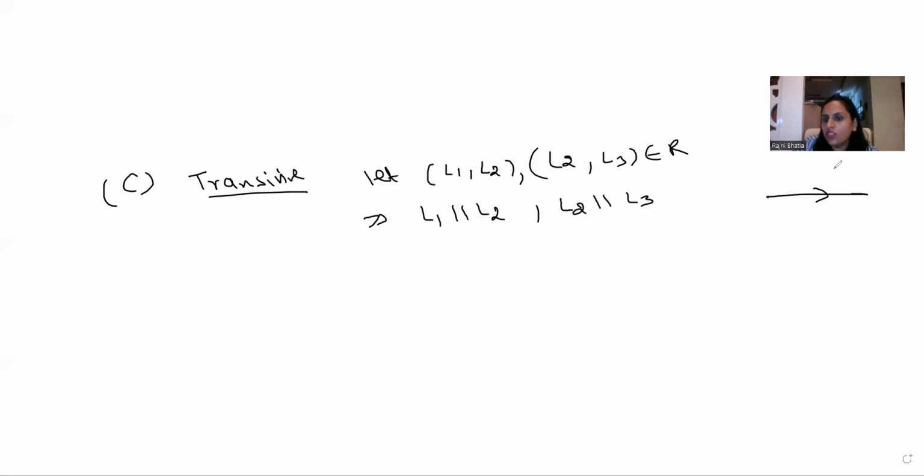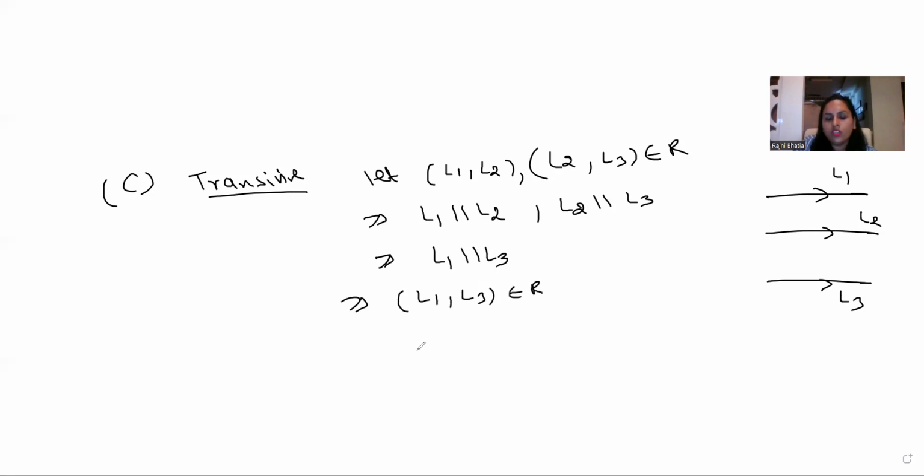Now visualize the situation. L1 is parallel to L2. L2 is parallel to L3. So simply we can say that this implies L1 is also parallel to L3, which implies (L1, L3) belongs to R, and therefore our relation R is transitive.